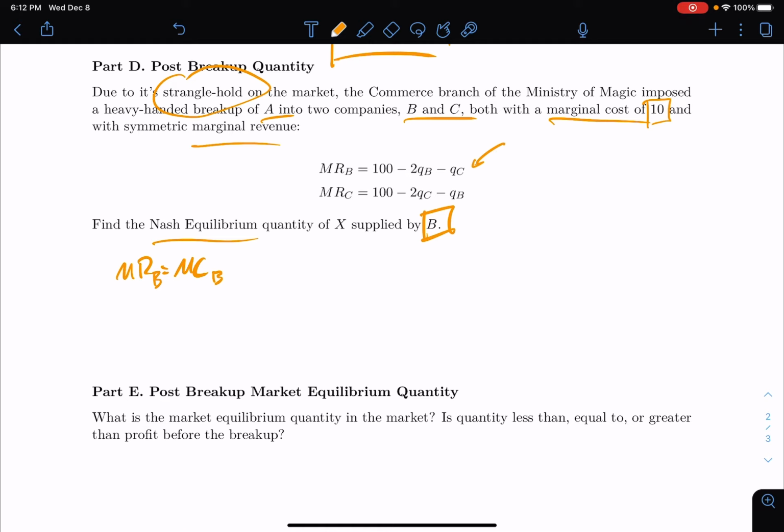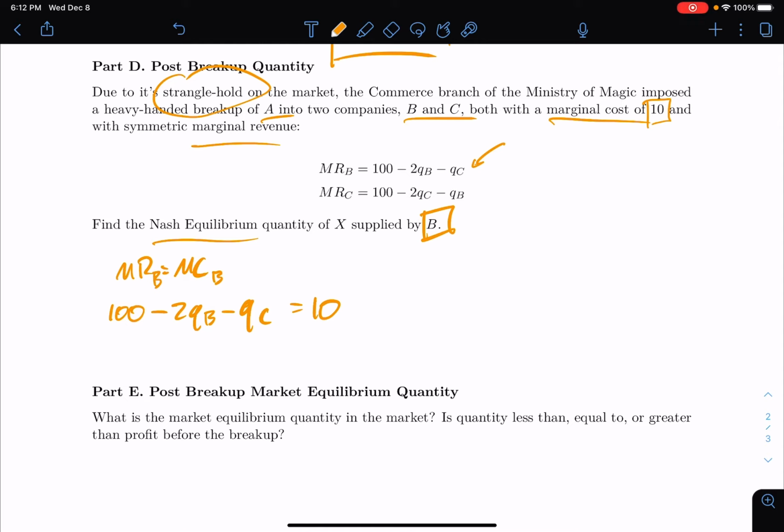So MR is 100 minus 2QB minus QC, and we set that equal to 10, which is the marginal cost. Then all we do from here is solve for QB.